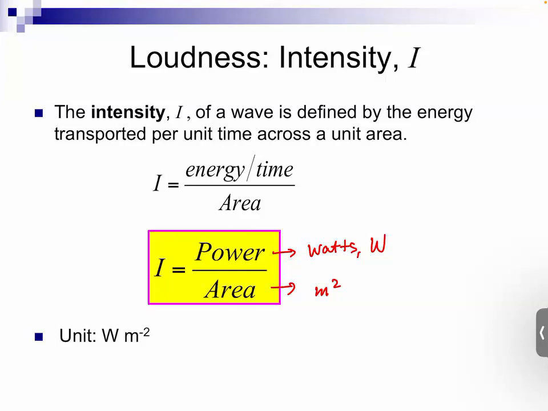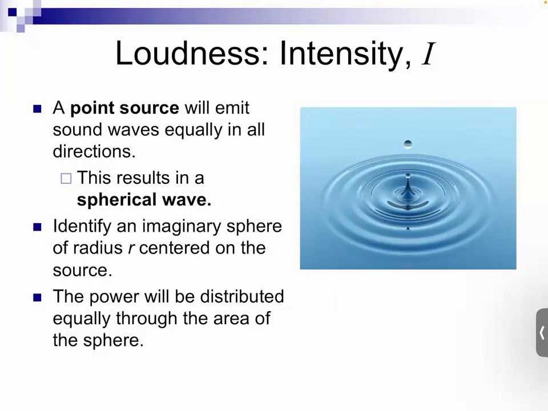Right, the question now is, what is this area? How do we calculate, or how do we determine this area? We can understand what this area is by visualizing or imagining how sound propagates through space. So for example, a wave in general propagates through space.